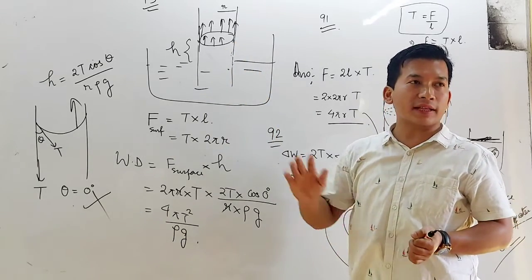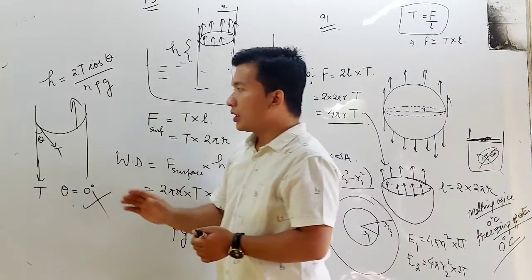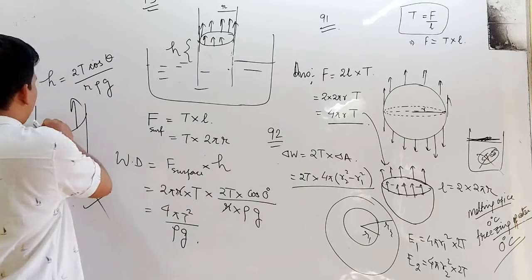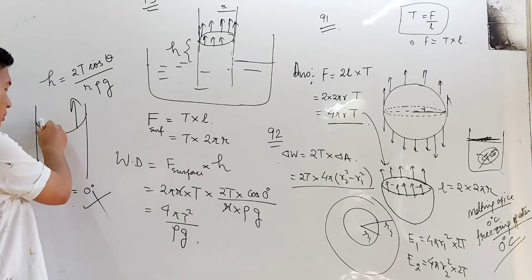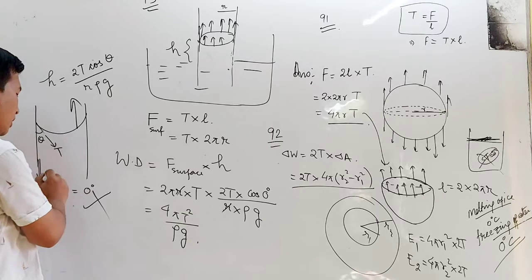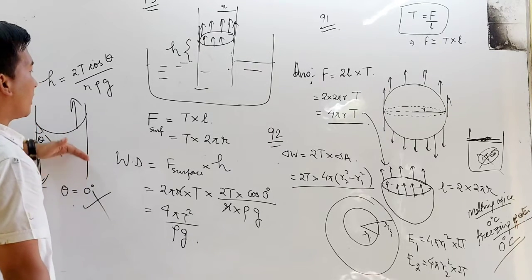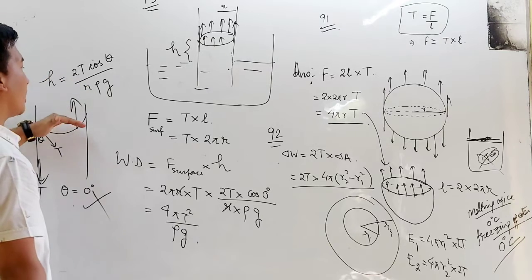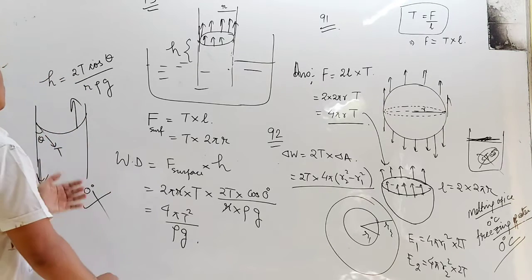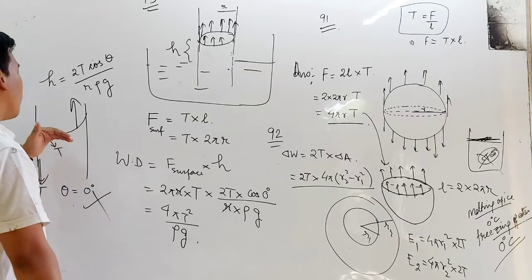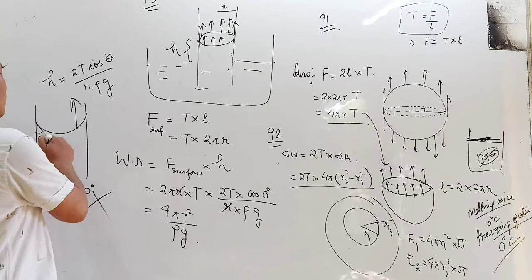Understood? In order to make theta zero, your surface tension will be acting in the downward direction. That means suppose there is capillary rise in the initial case and it somehow changes into theta equal to 0.